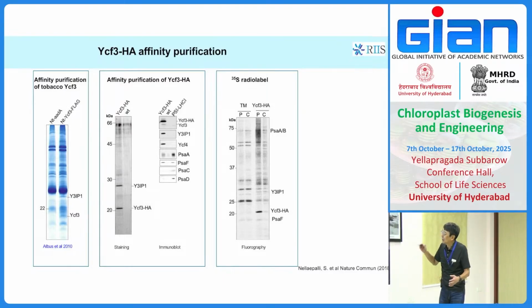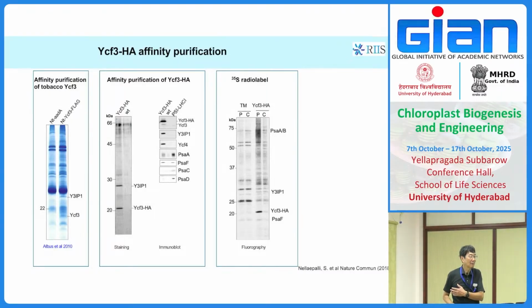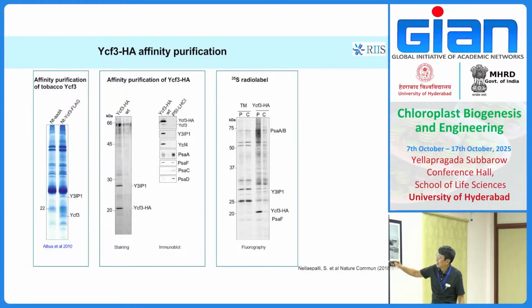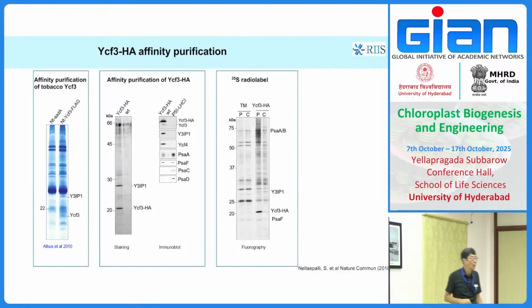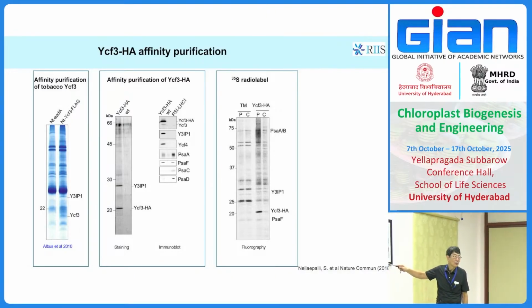But what is important is PS1 reaction center proteins, PSAA and B, labeled proteins were present. We couldn't detect the reaction center protein by staining because there are some diffuse bands around here, and also the amount is so low. But the label was clearly shown.